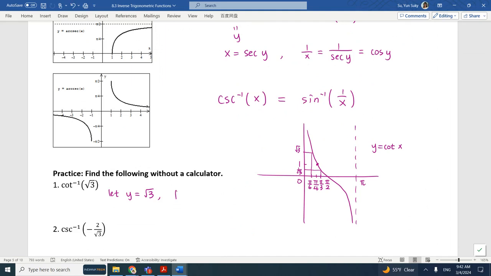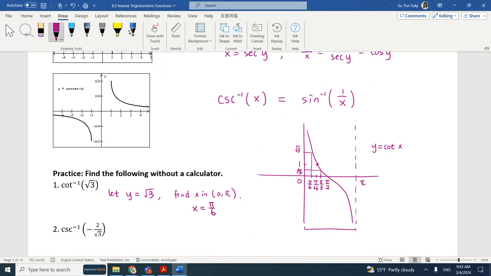We find the x in 0 to pi. That is also the range of the arc cotangent. Then we get x is pi over 6. Is that okay, everybody?